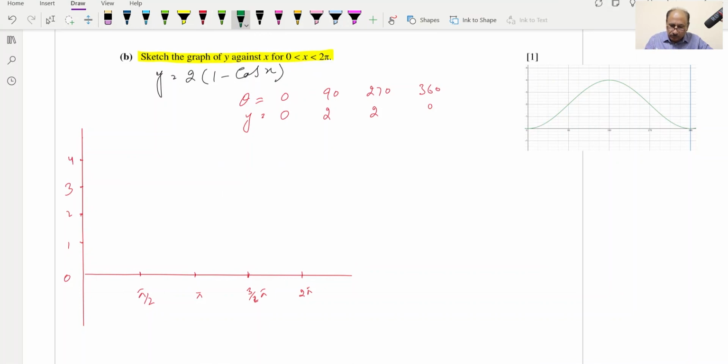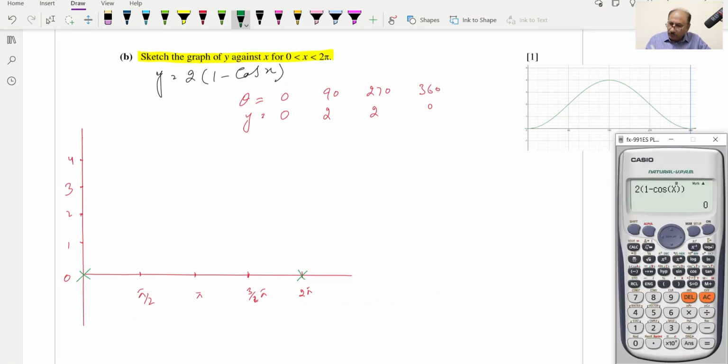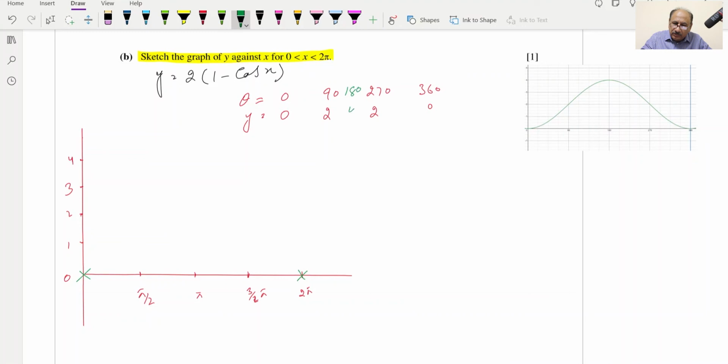So 360 is 0, 0 is 0, and for pi it is 4. We missed 180 basically, so we can check for 180 as well. Calculate for 180, and this is equal to 4. So we can write here 180 will be 4, and we can mark it over here.